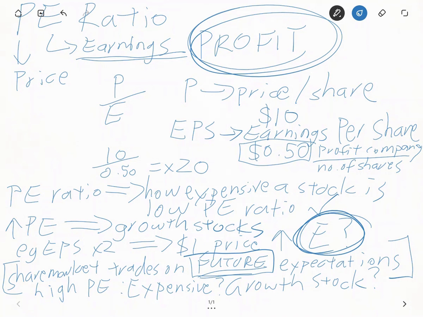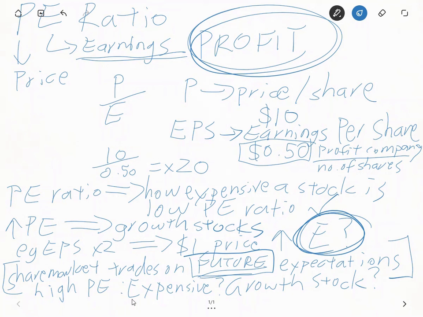So, to try and summarize, the PE ratio tells you how much you're paying for earnings of the company. Therefore, a lower PE ratio is better because it means it's cheaper to buy a stake in a business that's making money. However, because the share market trades on future expectations, it can also mean that the company is a really good company.